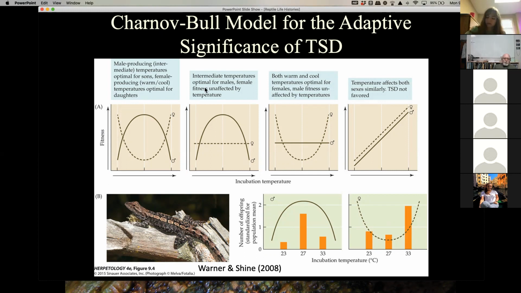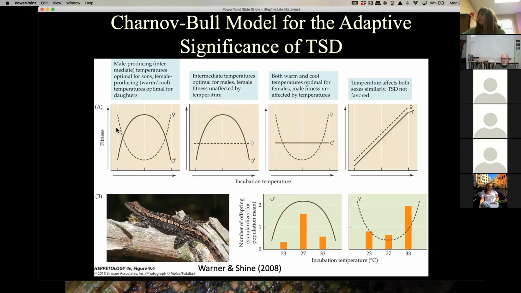And so in a situation like this, you would tend to have males being produced at intermediate temperatures because their fitness is highest at intermediate temperatures, and their fitness goes down at the extreme high and extreme low temperatures, whereas female fitness is lowest at intermediate temperatures and highest at extreme temperatures.